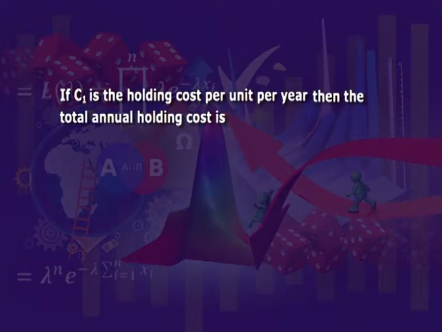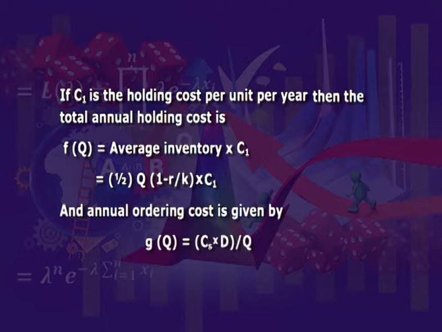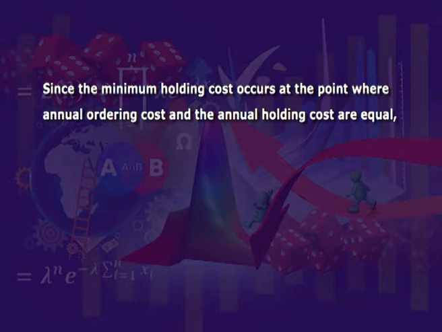If C1 is the holding cost per unit per year, then the total annual holding cost is F(Q) equal to average inventory multiplied by C1, which is equal to half into Q into (1 minus R upon K) multiplied by C1, and annual ordering cost is given by function G(Q) equal to CS multiplied by D divided by Q. Since the minimum cost occurs at the point where annual ordering cost and annual holding cost are equal, that is F(Q) equal to G(Q).